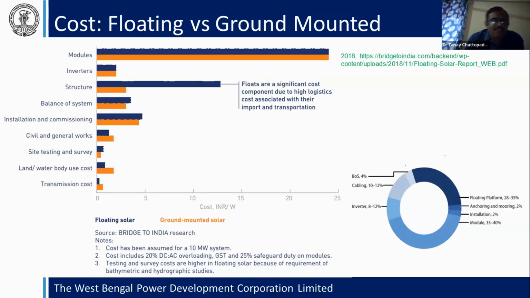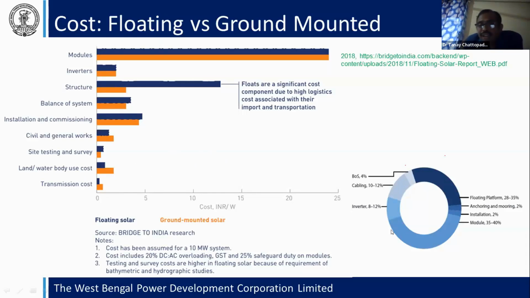For the transmission cost, which I think is less, if the installation is near a transmission line, then we can easily hook up our transmission to that point.